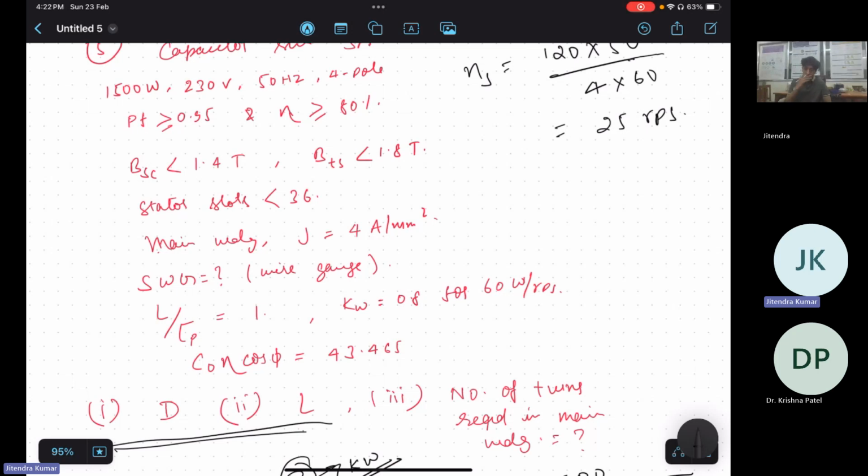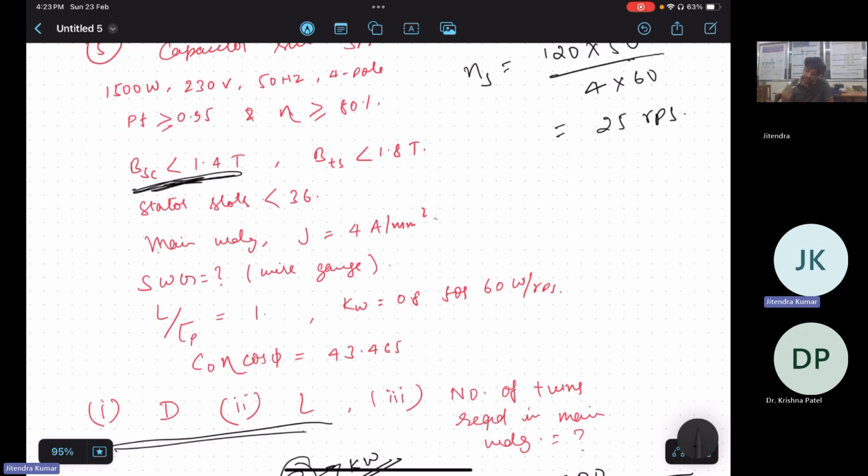Here in the iron core, the stator core, which is the stator back iron, the flux density is given as 1.4 Tesla, and the stator tooth flux density is 1.8 Tesla. So we should calculate the flux in the stator teeth as well as the stator back iron.